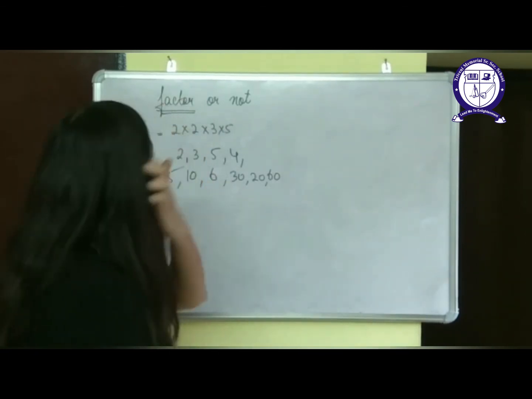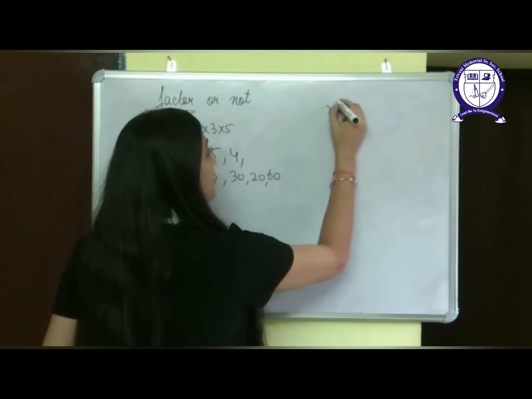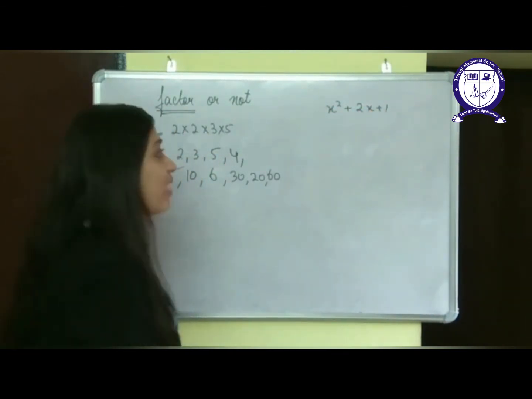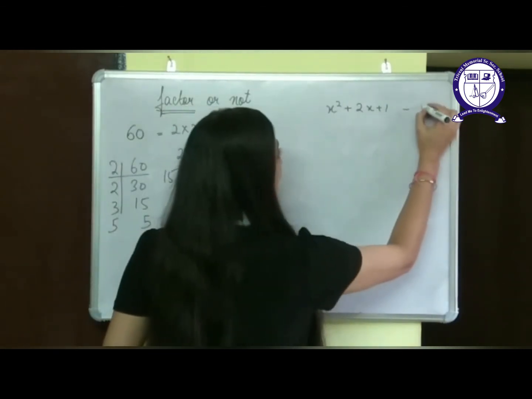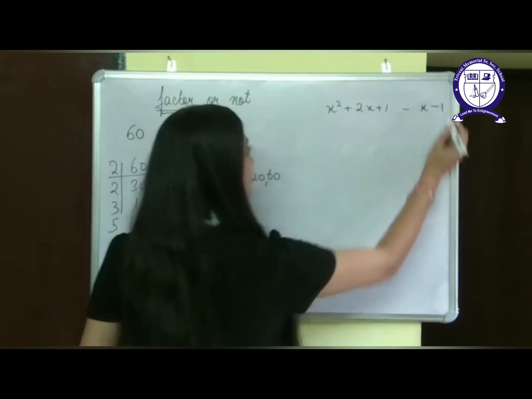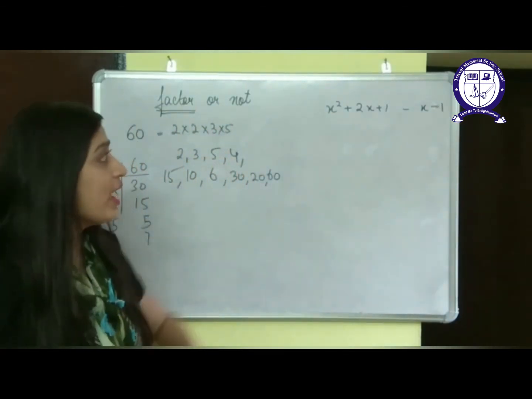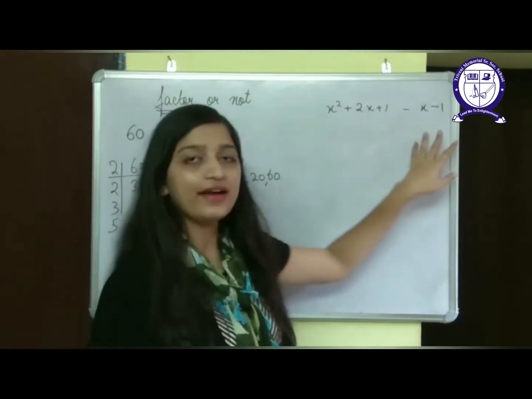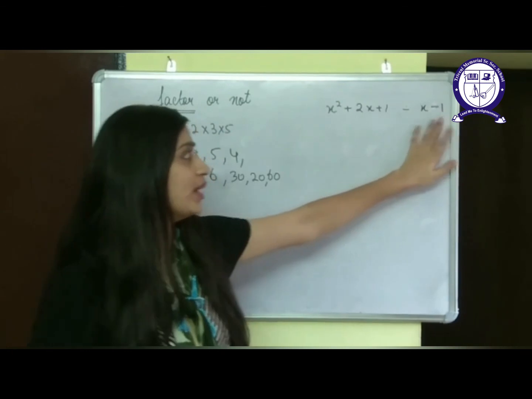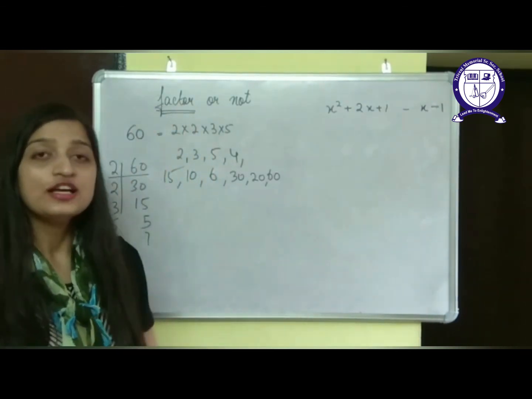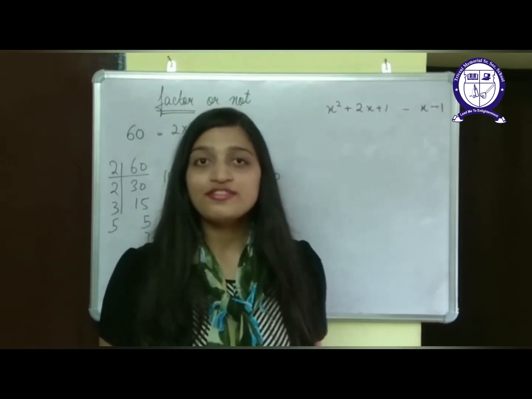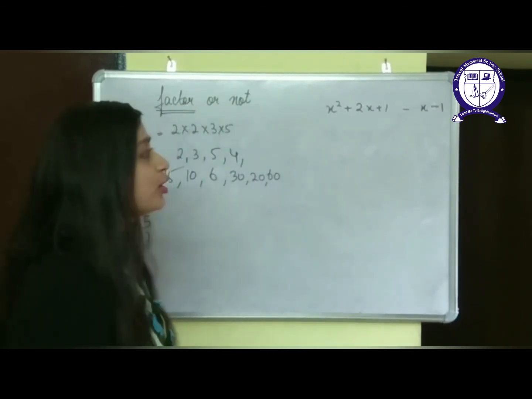For example, if my question is x square plus 2x plus 1 is divided by x minus 1. Okay. This is divided by x minus 1 and we need to find whether x minus 1 is a factor of this or not. So the first method, we can divide it. If the remainder is not 0, then it's not a factor, but we know the remainder theorem also.